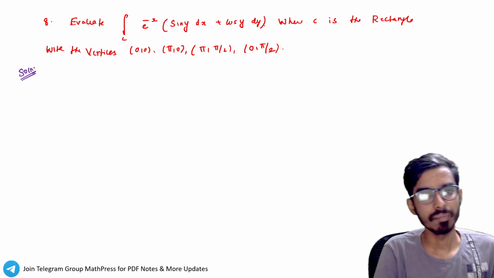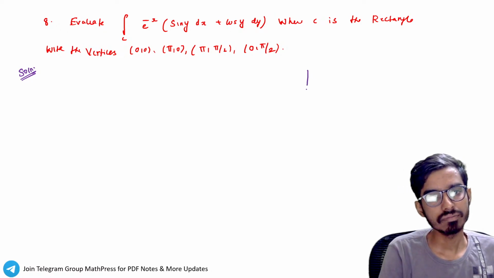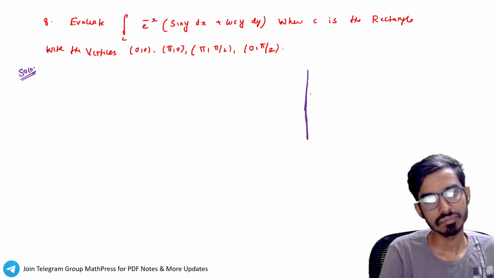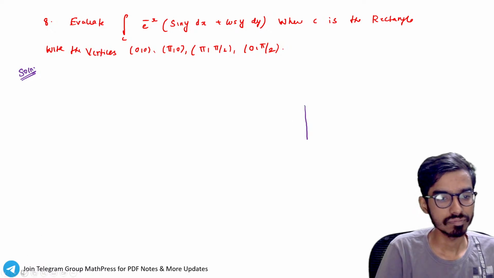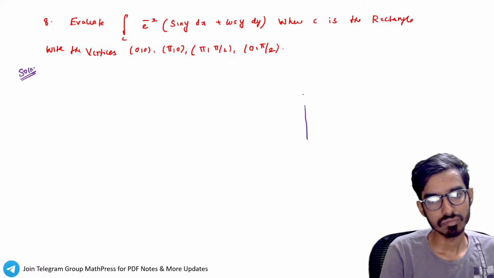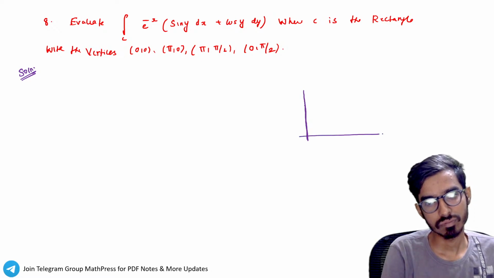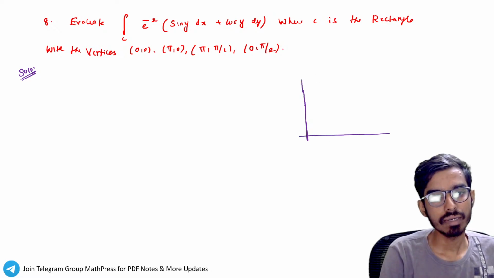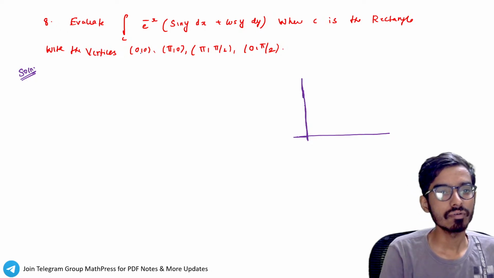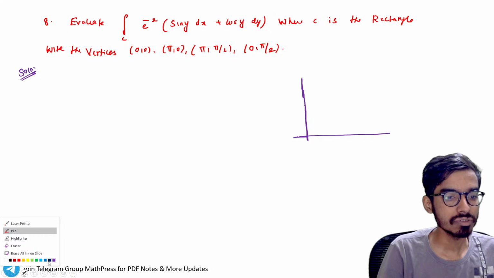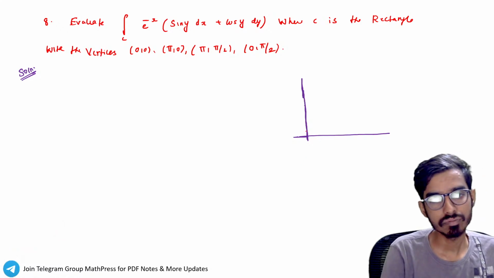Now we'll just draw the diagram. These are the y-axis and x-axis. The first vertex is 0, 0.